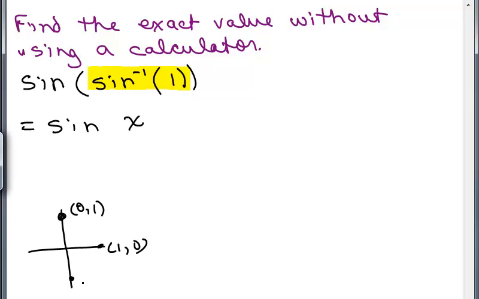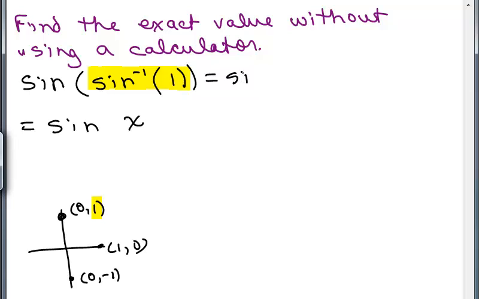Where the sine is 1, that means it's one of these places here. Remember, the inverse sine goes between negative pi over 2 and pi over 2, and so we want the place where the sine, or the y value, is 1. That is up here at pi over 2. So simplifying, x is the real number pi over 2.